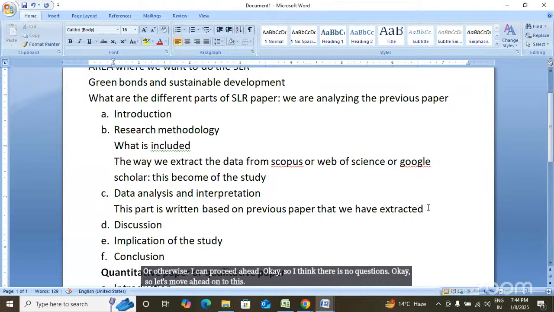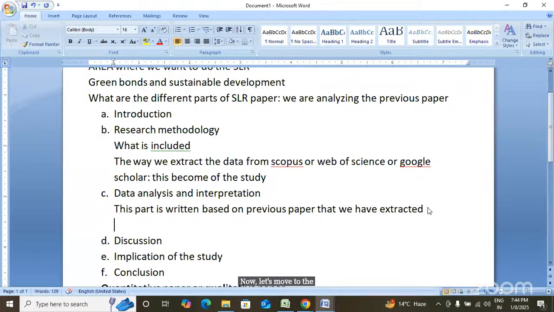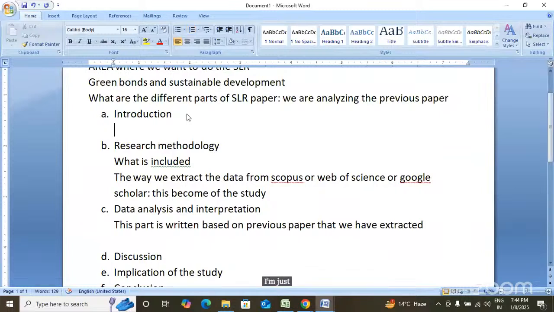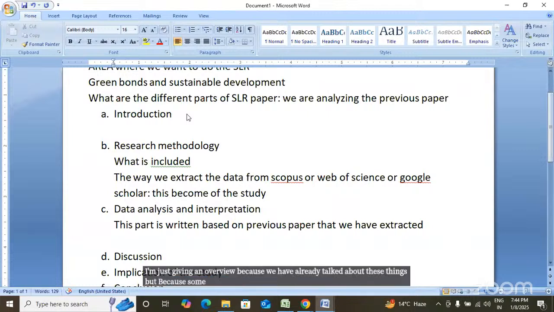Now, let's move to the third part of it, that is the data analysis. I'm just giving an overview because we have already talked about these things, but because some participants are new, I'm giving an overview, right? If you want me to stop somewhere and ask a question, we can do that as well.